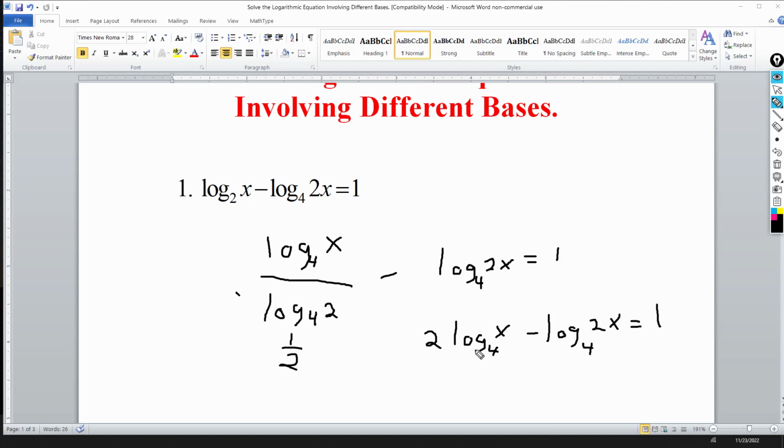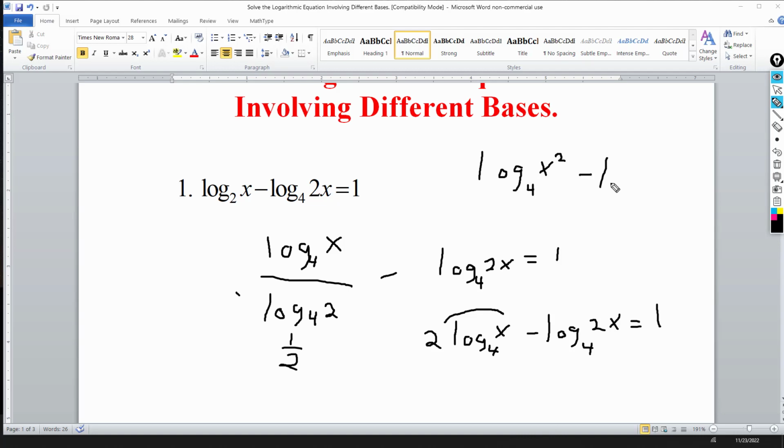Then there's a property of logs that tells you that if you have a number multiplying a log, this coefficient 2 becomes an exponent. So I can move it over here. This can be written as the log of x squared to base 4. Leave the other one the same.